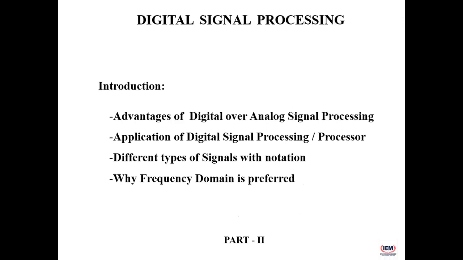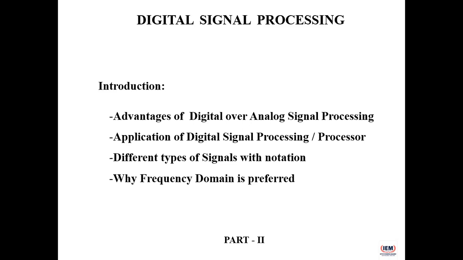So here we discuss the advantage of digital over analog signal processing, then applications of digital signal processing or processor, different types of signals with their notation, that is a very important part. Then we also discuss why the frequency domain is preferred.